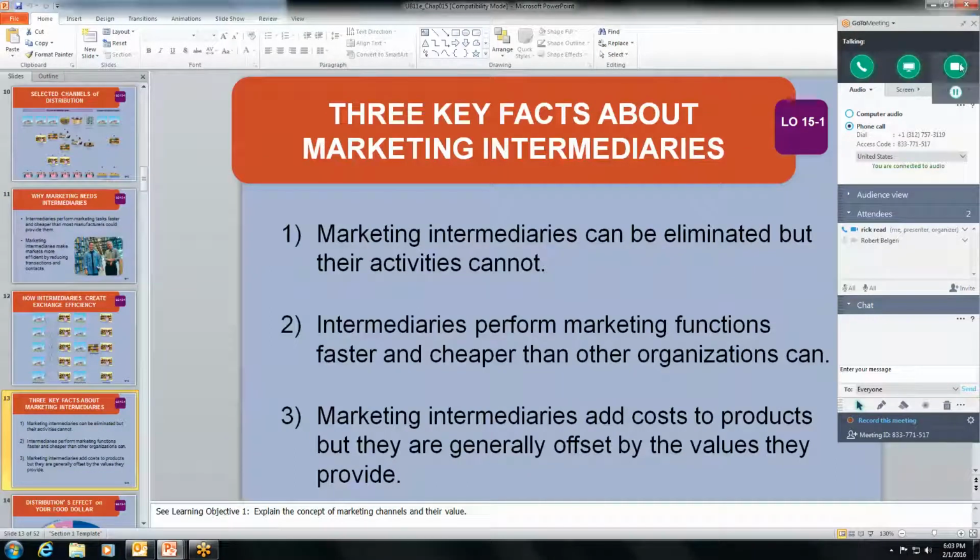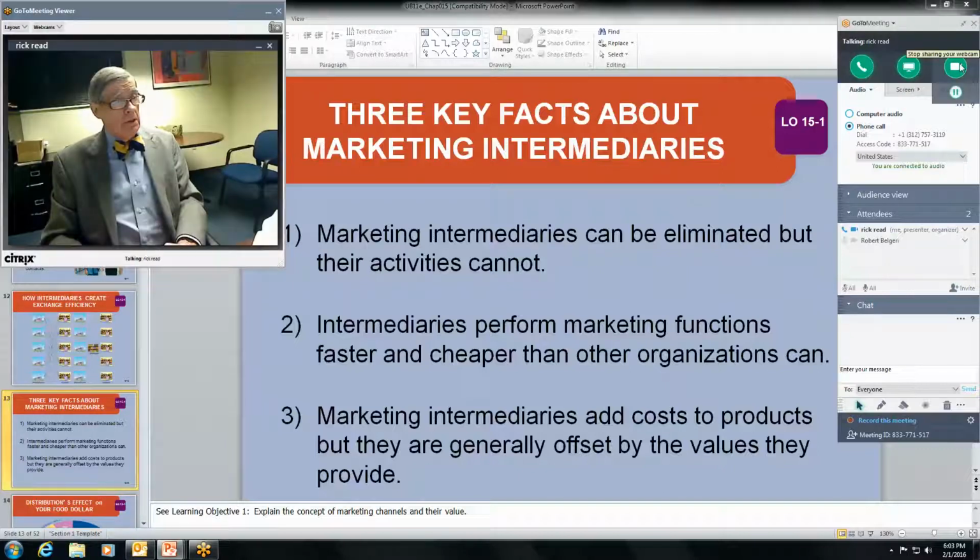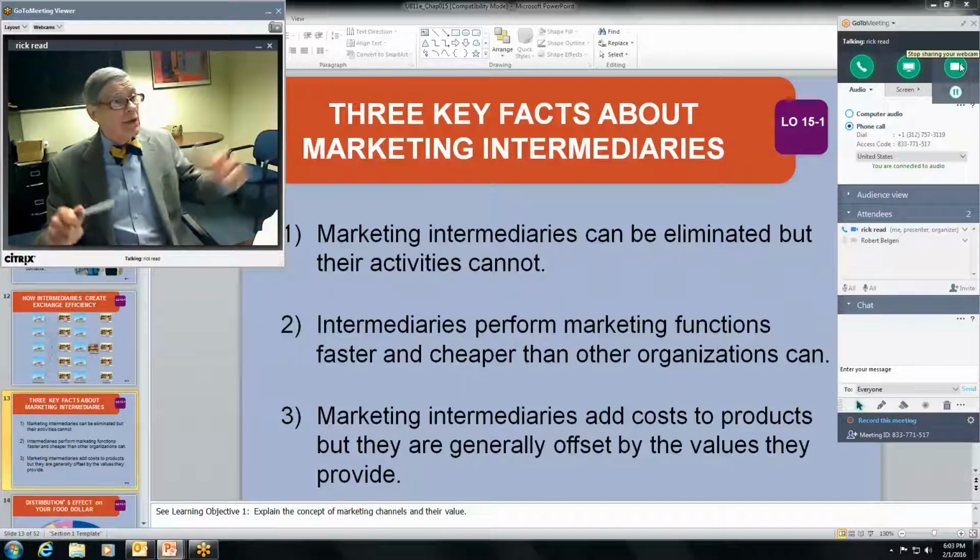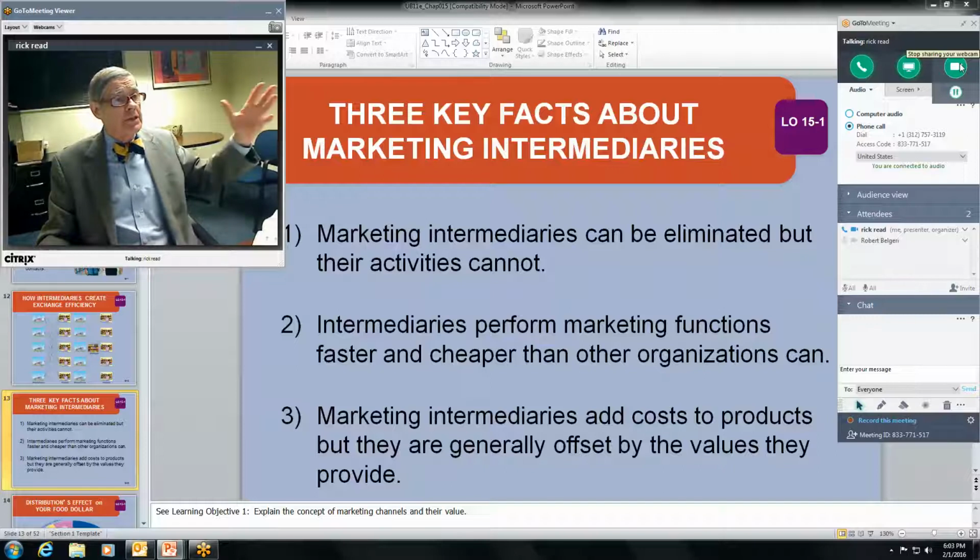Now, somebody is always going to say, why do we have to have an intermediary? Drives up the cost. Well, that may be true, but notice what it says here. We can get rid of those folks, but we can't get rid of what they do.